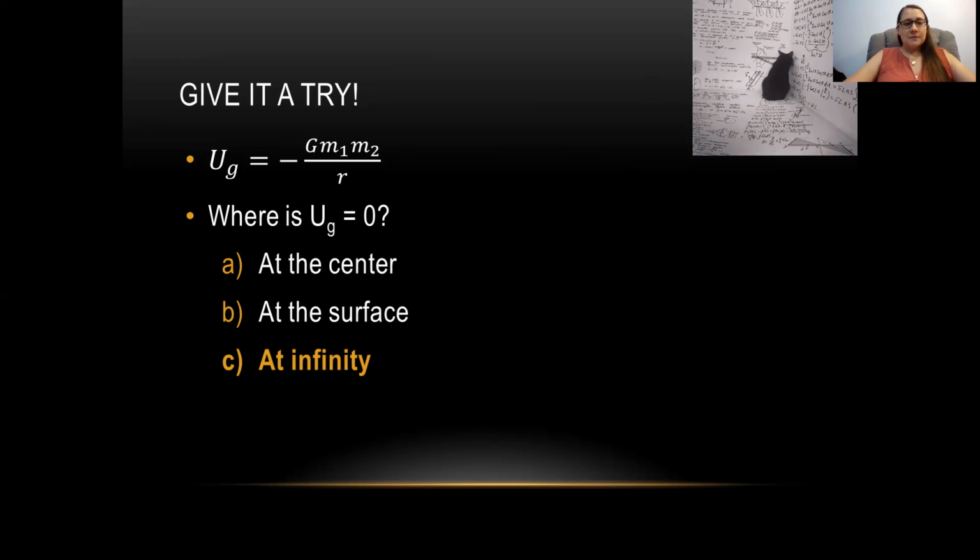Okay. So if we look at our equation, in order to make this equal to 0, the denominator has to be a huge number, has to be infinity. And of course, we can't actually get to infinity, so this idea of a 0 gravitational potential energy doesn't really exist anymore for us.